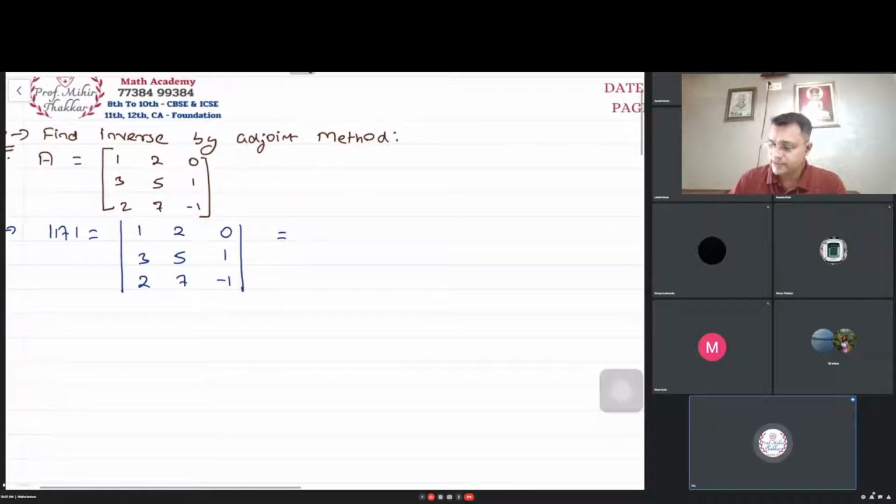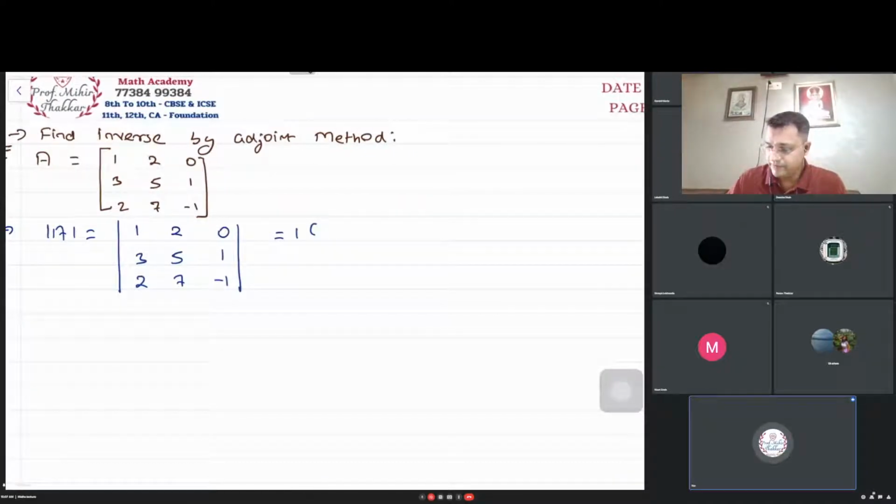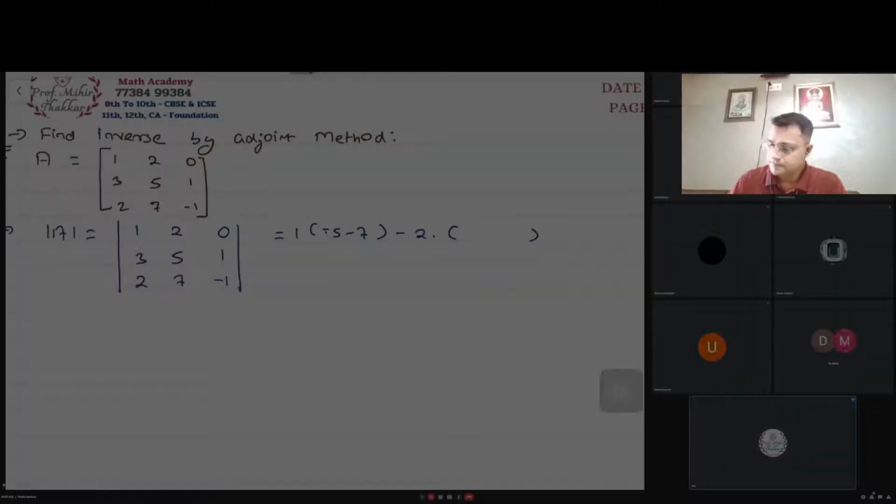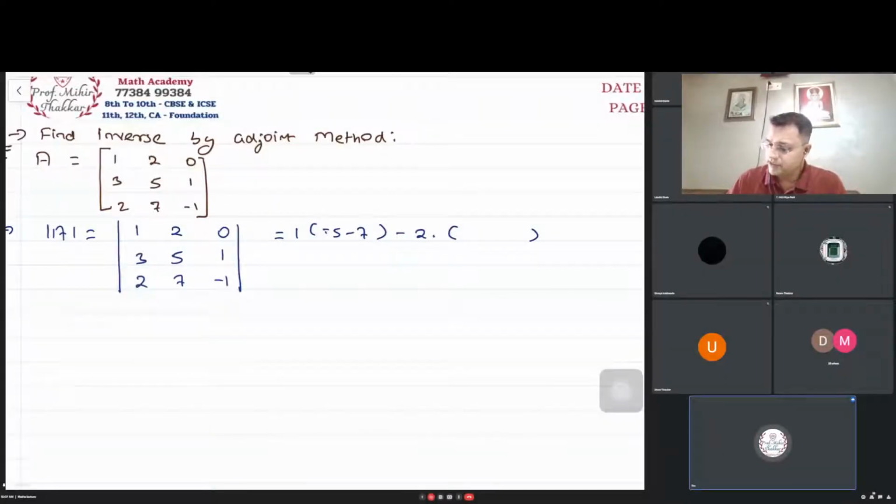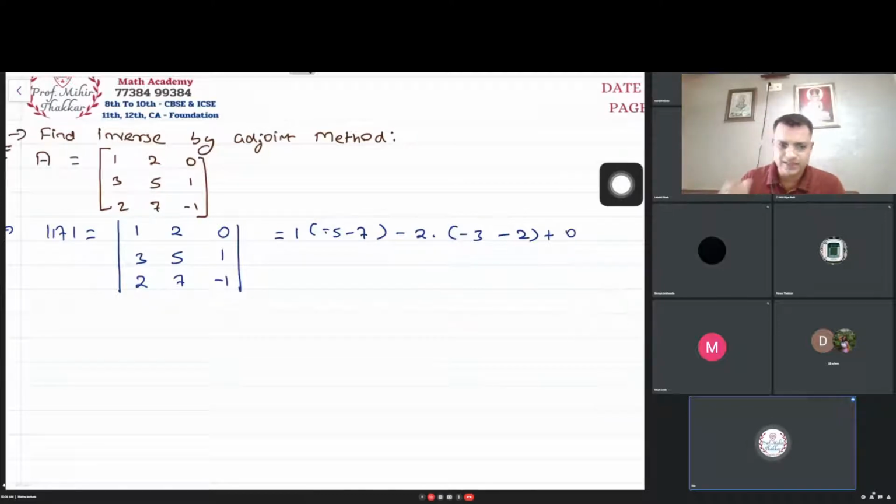I should get it as 1 multiplied by -5 -7, minus 2 multiplied by -3 and -2, and plus the last element is 0, so we can just ignore that. 0 into anything will be 0 only, so we don't need to calculate that.